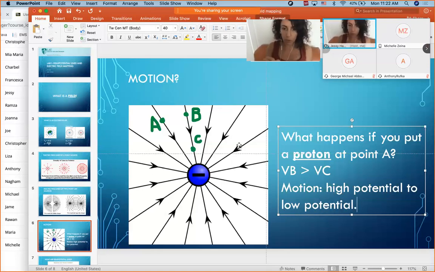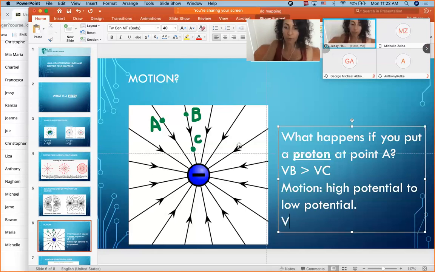So high potential to low potential. Anybody can compare the potential of A to the potential of B. A and B are at the same distance away from the source. How do you compare them?